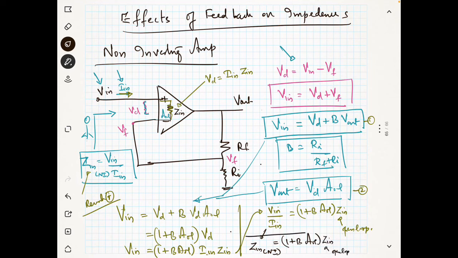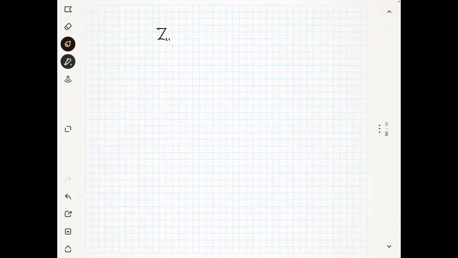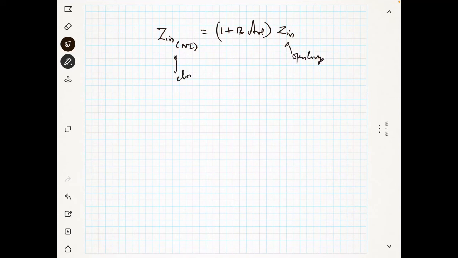So you see here that the open loop response is multiplied with 1 plus beta times AOL. That means Z in non-inverting is nothing but 1 plus B into AOL into Z in. This is in the open loop and this is in the closed loop for the non-inverting amplifier.